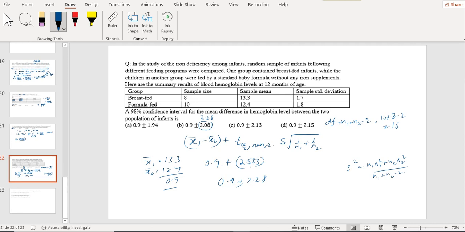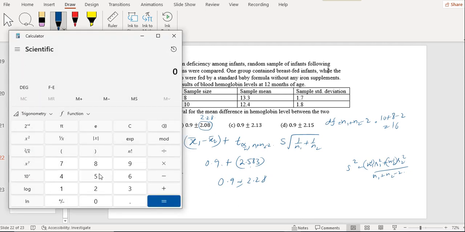Or because in certain conditions they use n1 minus 1, like I told you, in certain books they are using the sample standard deviation as capital S1 only. So if we use that particular formula, then we can use 1.7 square multiplied by 7, plus 1.8 square multiplied by 9, divided by 16.